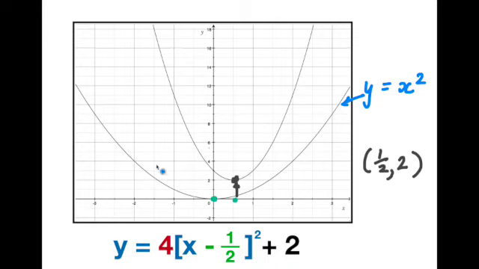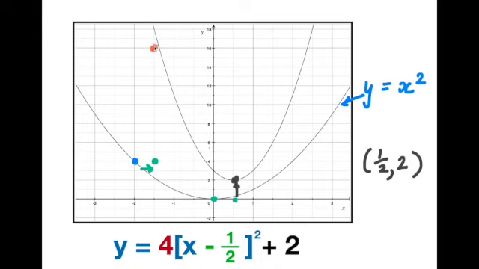Let's have a look at another original point. In this case, we'll go with the coordinates negative 2, 4. Our first change is a horizontal movement half a unit. So we get negative 1.5, 4. We now have a scale change of a factor 4 vertically. So our y coordinate changes from a value of 4 to 16.